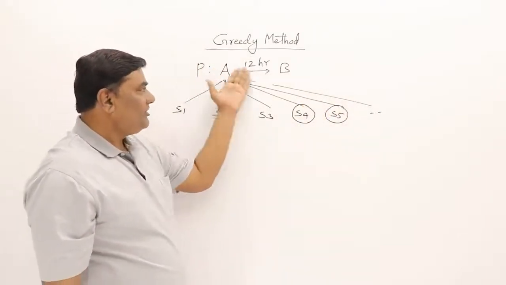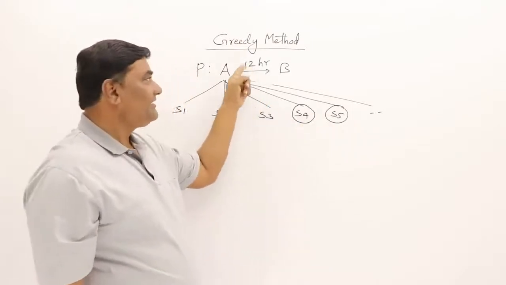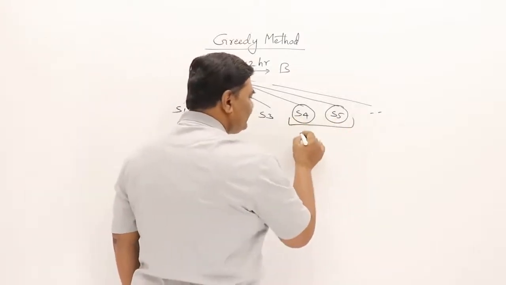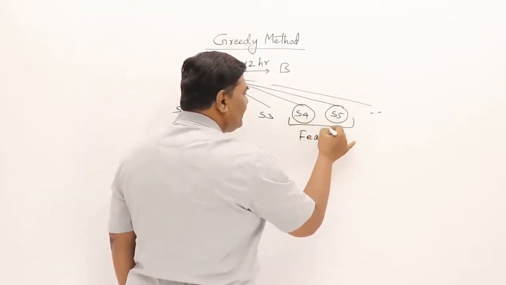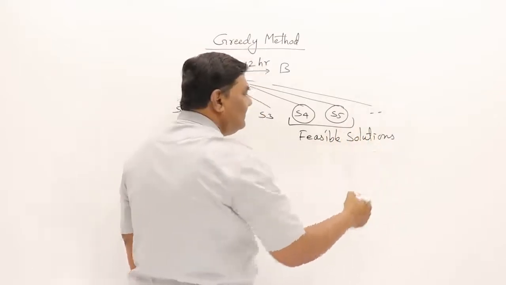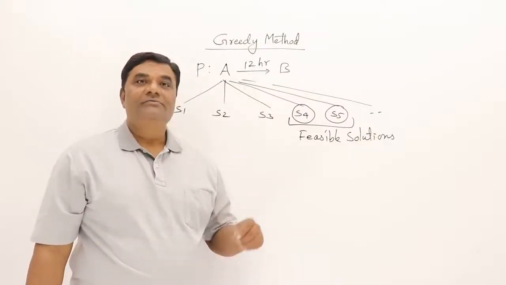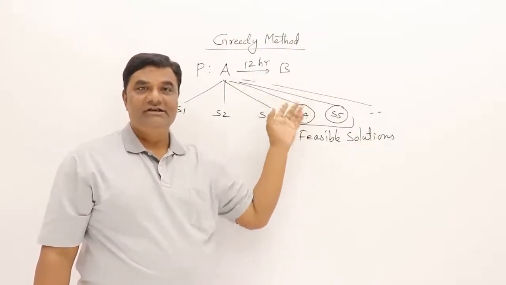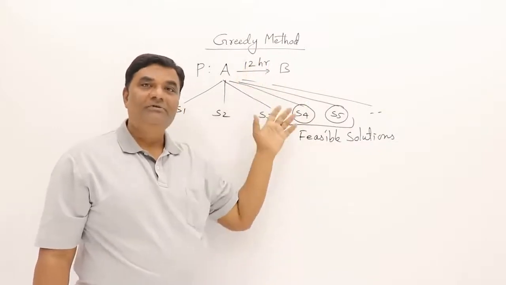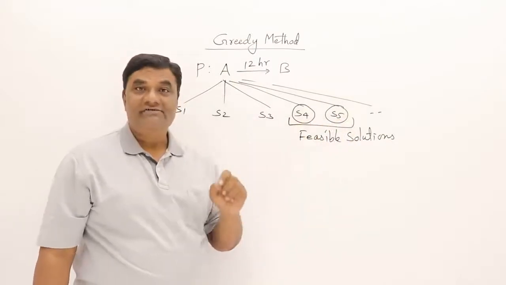Now, for a problem there are many solutions, but those solutions which satisfy the condition given in the problem become feasible solutions. That's the meaning of feasible solution. A solution which satisfies the condition given in the problem is a feasible solution, though for a given problem there may be many solutions.